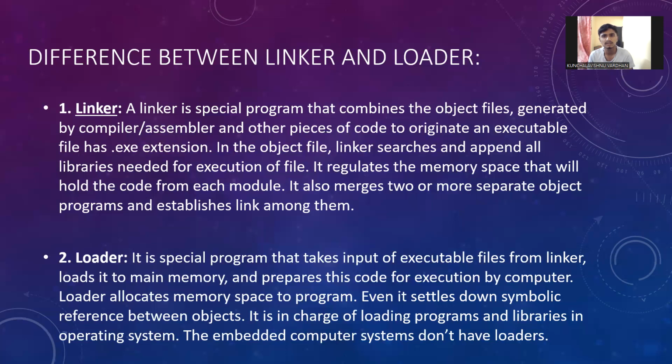So a linker is a program which receives all object files from the compiler and makes them into one code as an executable code, whereas a loader is a program that takes input of the executable file from the linker and loads it to memory. The loader allocates some memory space for the executable program given by the linker.